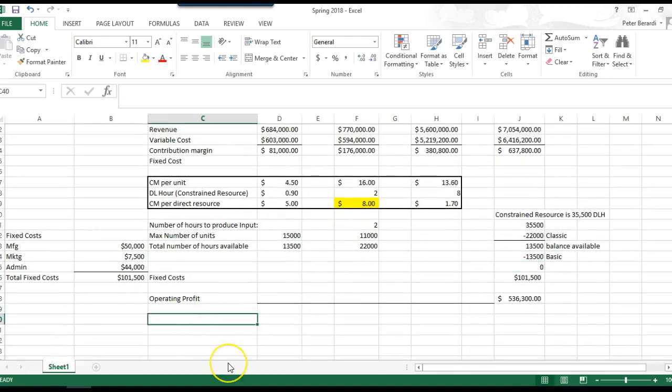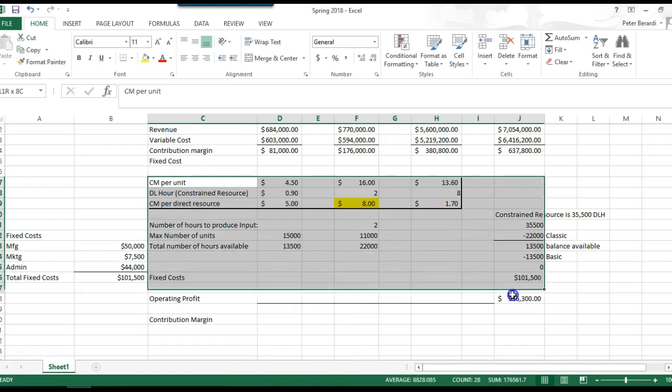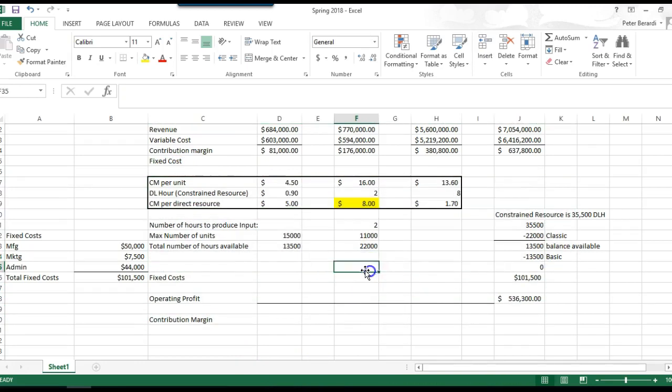So let's figure out the contribution margin based on our constraint right here. The contribution margin for basic is $4.50, and for Classic is 16.